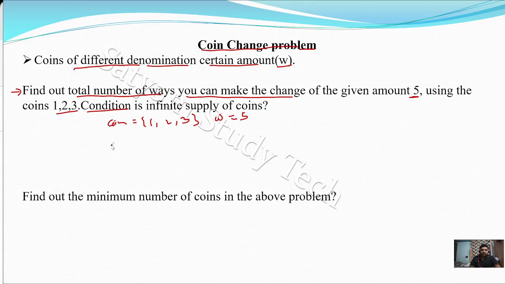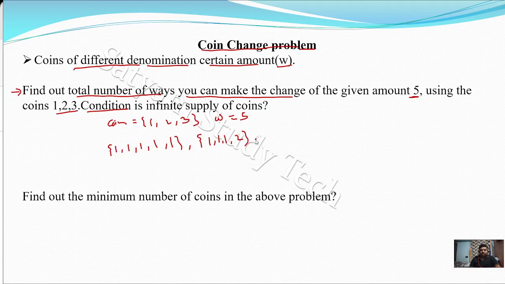For example, I can take five 1 rupee coins. This is one way. Another way is taking three 1 rupee coins and one 2 rupee coin, which makes 5. Also, I can take two 1 rupee coins and a 3 rupee coin.